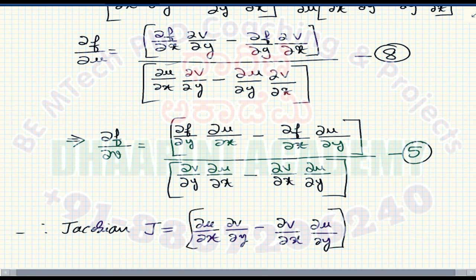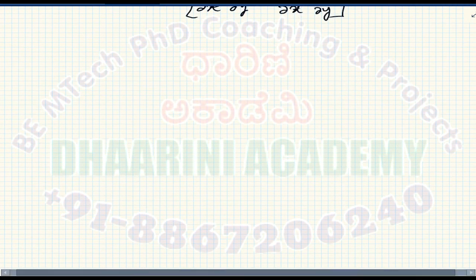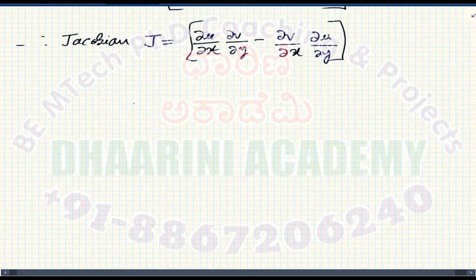Now, actually, if we use the basics of determinants, we can try to write this as a determinant as follows. So this is equal to the determinant of ∂u/∂x, ∂v/∂x, ∂u/∂y, ∂v/∂y.